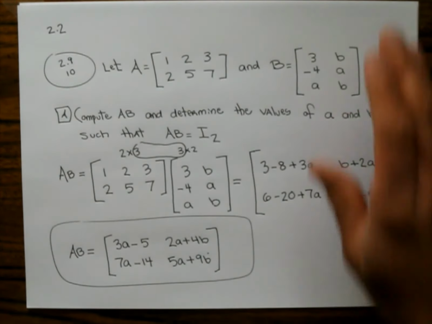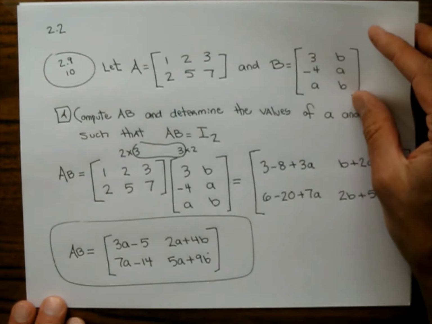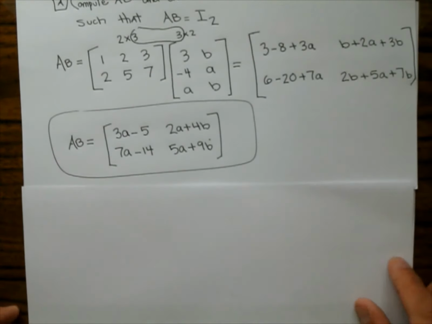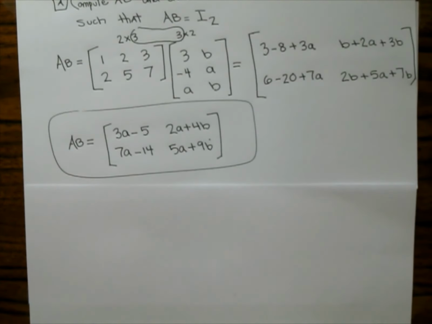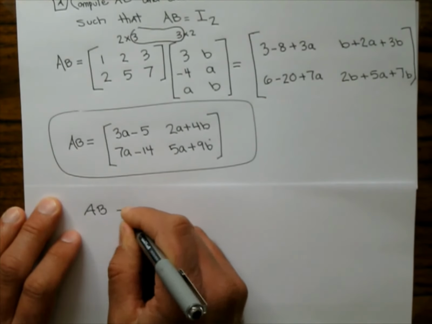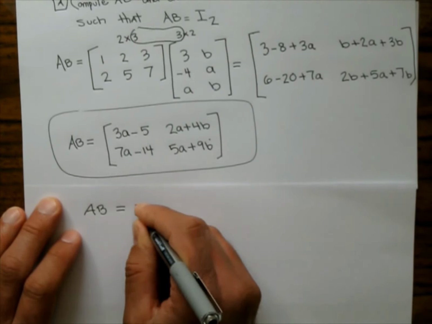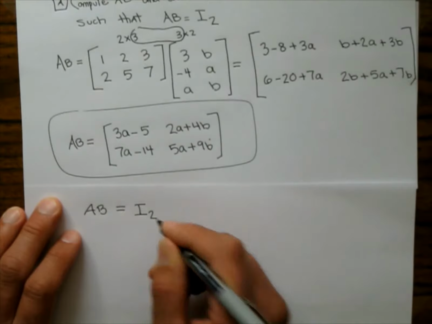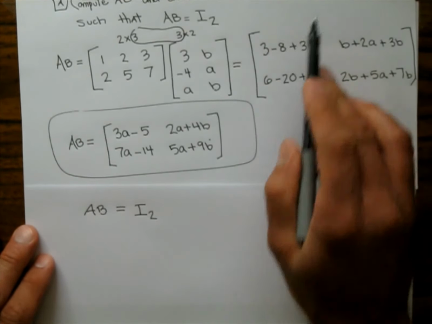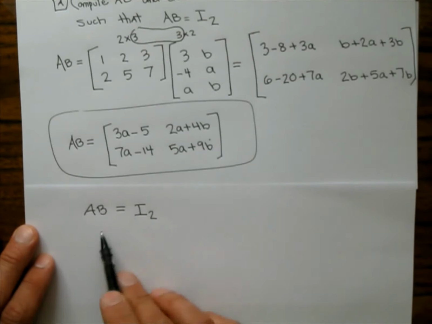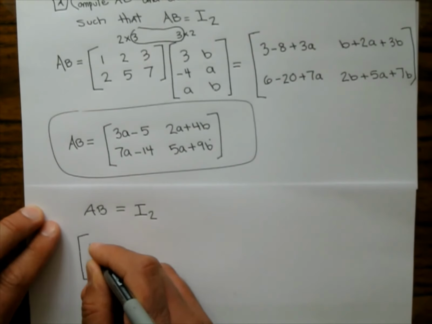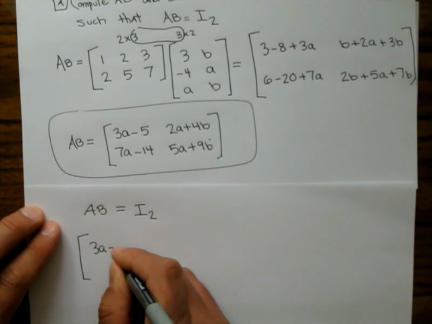So the second part asks me to go AB equals I2. So that's what I'm going to do right here. AB equals I2. They're trying to have me determine the values of little a and little b such that this will happen. Yeah, this is a little redundant in writing this down.